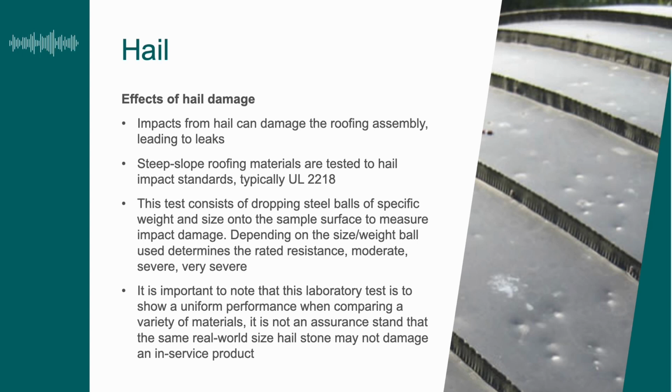Because of angle, the roughness of a real hailstone, etc., and temperature, because usually when it starts to hail, the temperatures drop very, very quickly, and that energy along with the colder temperatures can have an impact on certain roof coverings. So it's something to keep in mind. It's not an assurance that 1-inch hail wouldn't damage it, even if it's rated for severe, but it's just to compare products. So you've just got to keep that in mind.